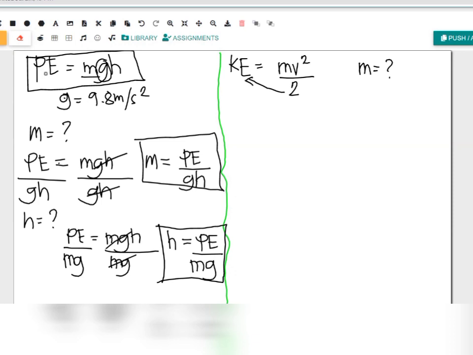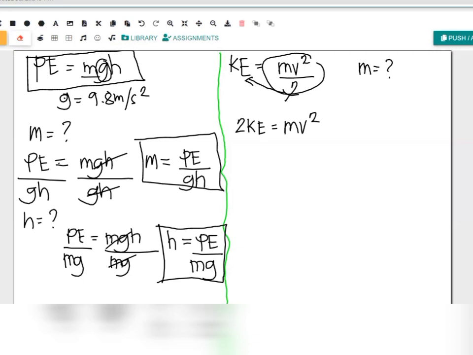Ayan. So, si KE at saka si 2. I-write nyo siya. Magiging 2 KE equals, ayan, ito yung natira, mv squared. mv squared. So, kapag ganyan na class, pwede na natin siyang alisan ng katabi. Okay?